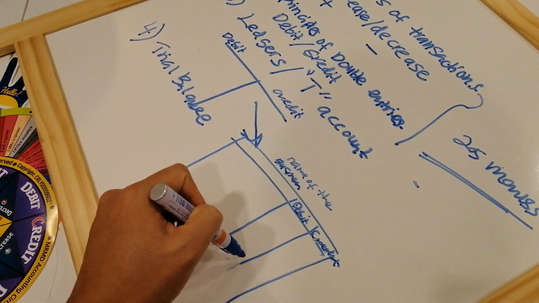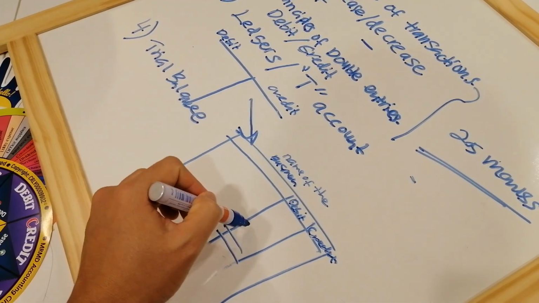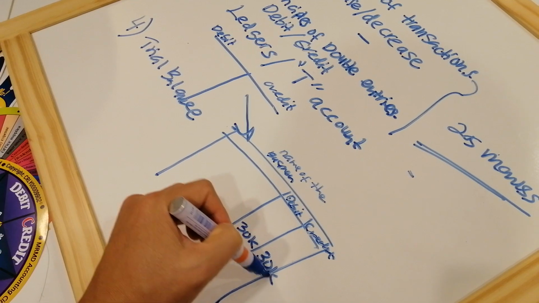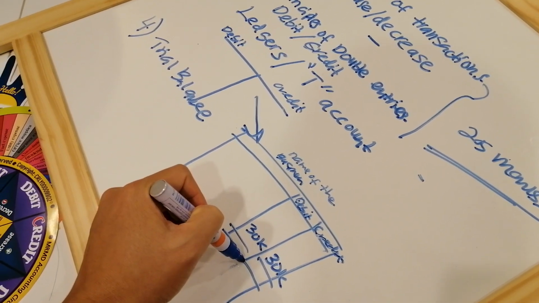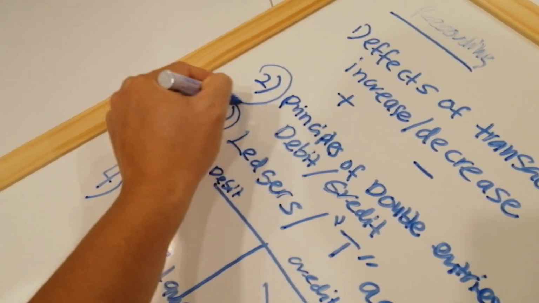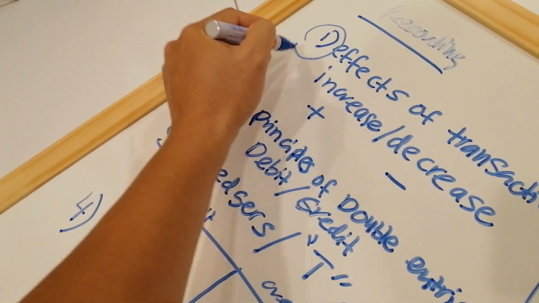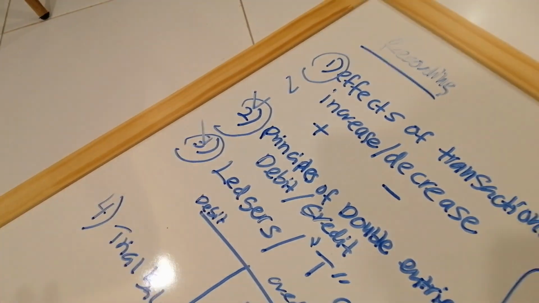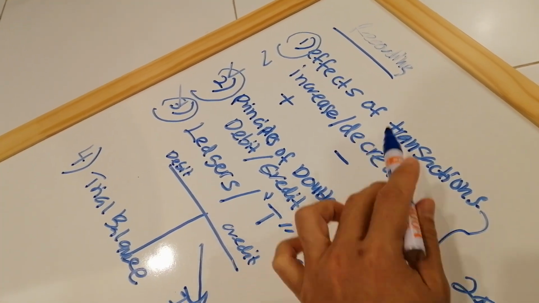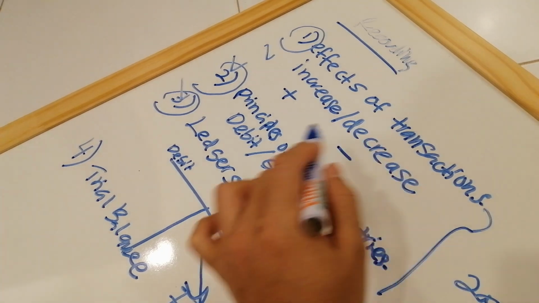Okay, so if you get the same figures, let's say debit 30,000, and credit you total up also 30,000, it means what you have prepared for number 3, number 2 and number 1 is correct. Because this process is a continuation.